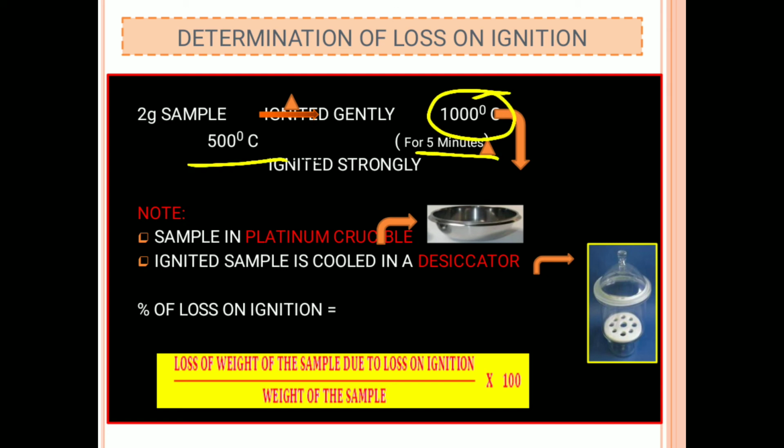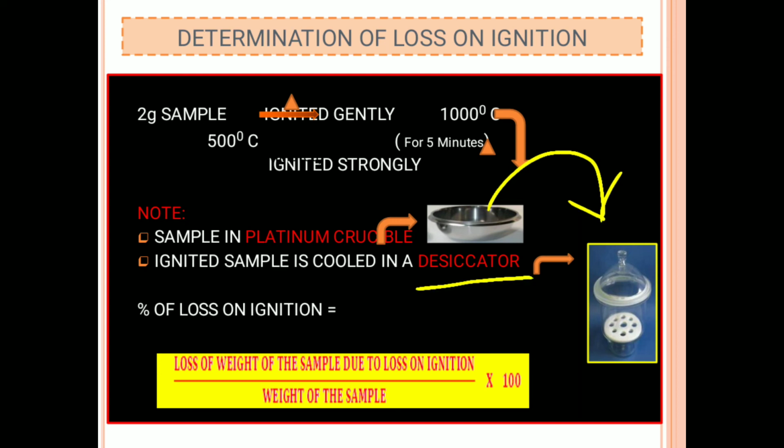After that, strongly ignite it at 1000 degrees Celsius. After that, you need to keep this platinum crucible after ignition of the sample into a desiccator, cool it.